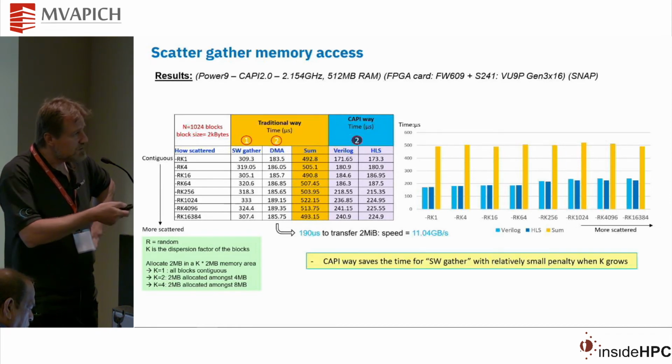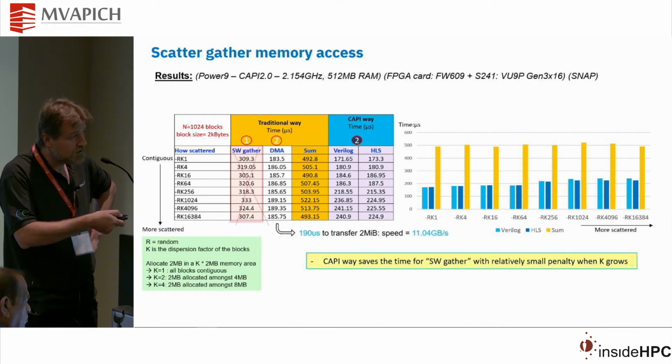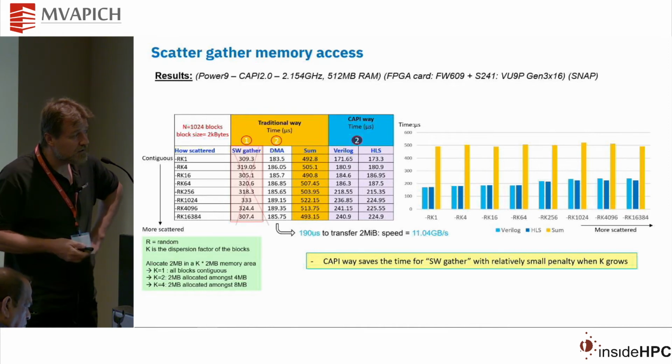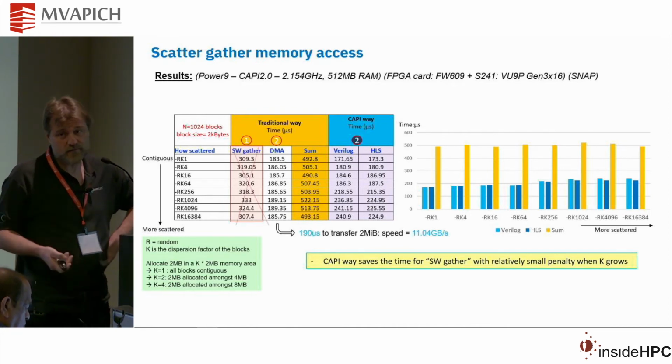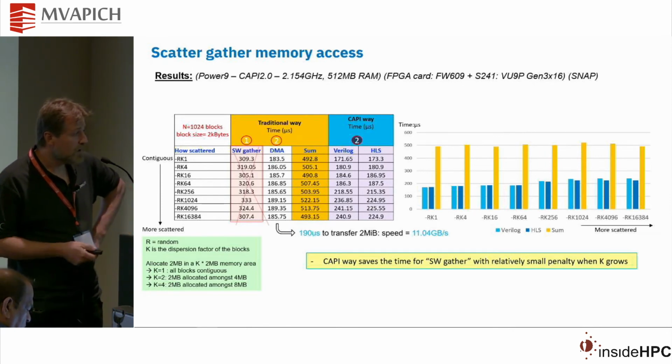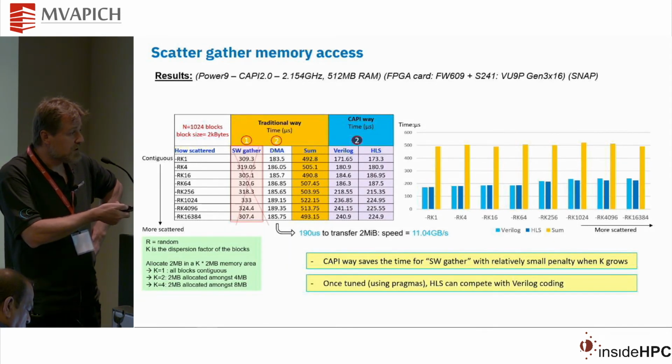So we see that the time has been drastically reduced by a very significant amount going into an FPGA gathering scattered information by itself. CAPI saves the time for the gathering with relatively small penalty when it grows.